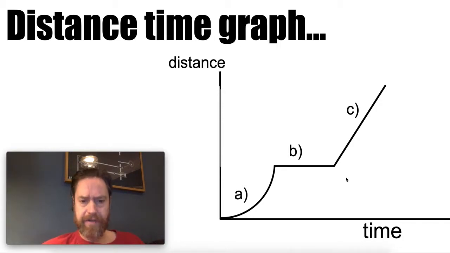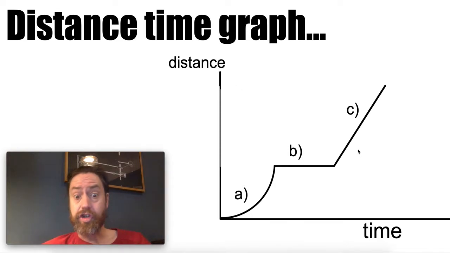So it's a constant something. And in this case, it will be a constant velocity or a constant speed. Probably should say speed on this one because it's a distance, not displacement time graph, but that actually doesn't matter for these ones. So constant velocity.